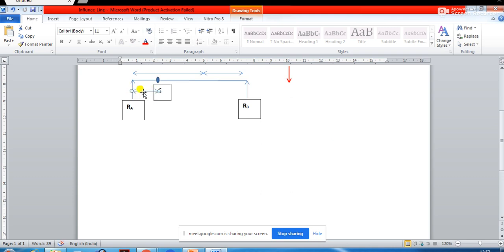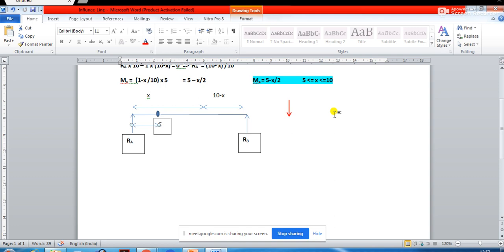This is 2.5 meter, right? Now suppose this load is entering from this end and then moving. At some point it will be just at the left of C, and then it will move past C, and then it will be just right of C, and then it will be moving through the right of C, and then it will be going out, right?